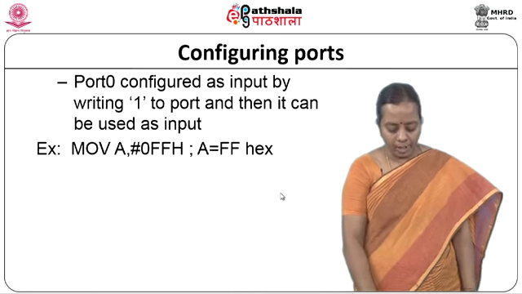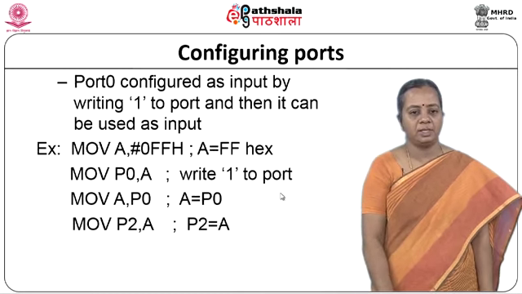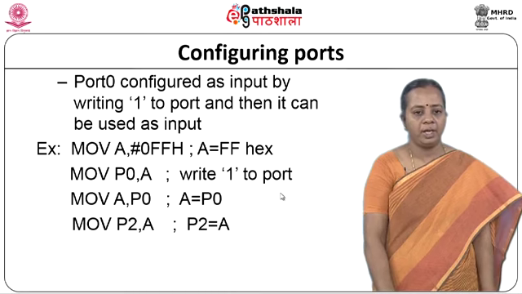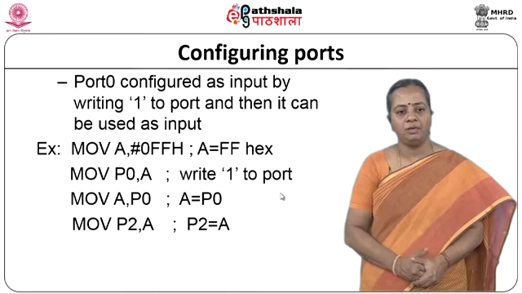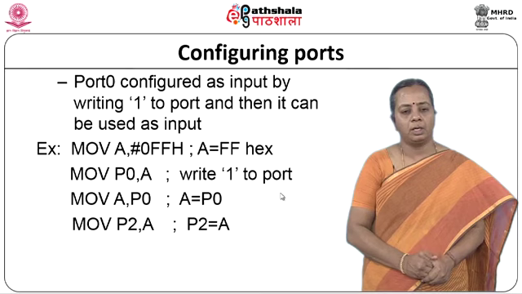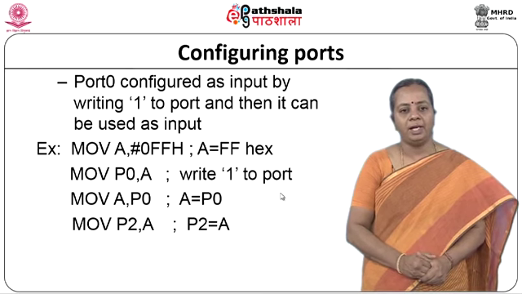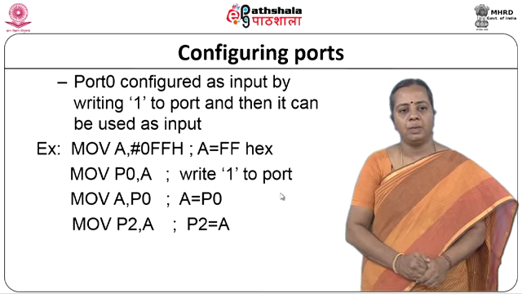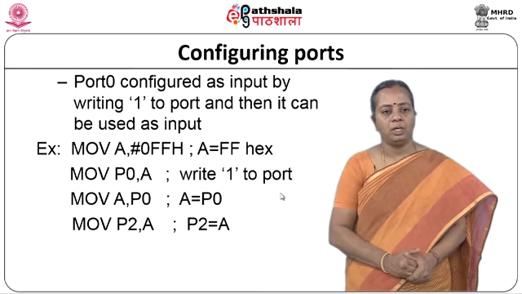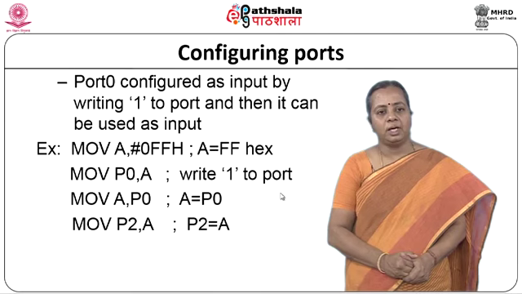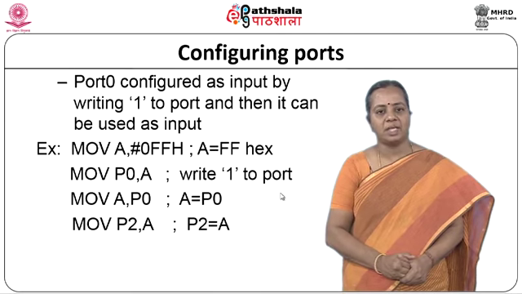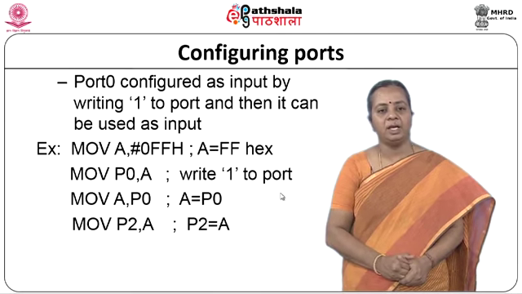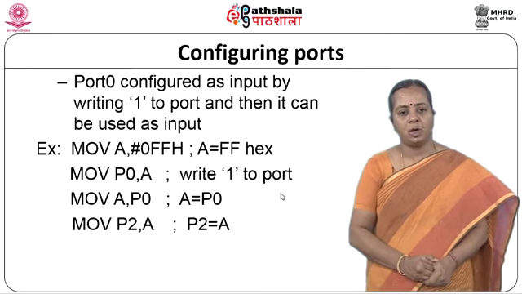Now, this is a simple program segment where I configure a particular port as an input port and read it. You just see that this is an example code, a part of a code, where a port 0 is configured as an input port by sending 8 ones, rather I can call it FF.